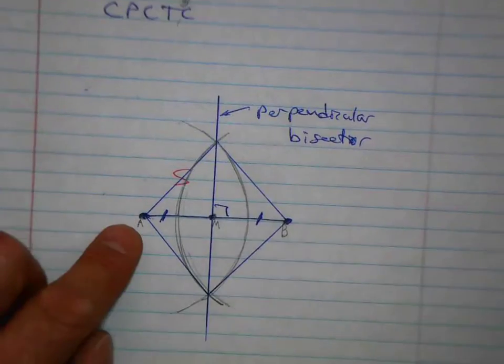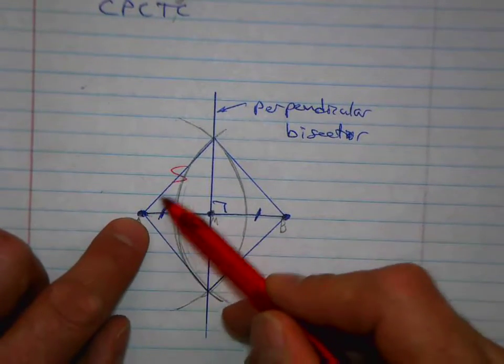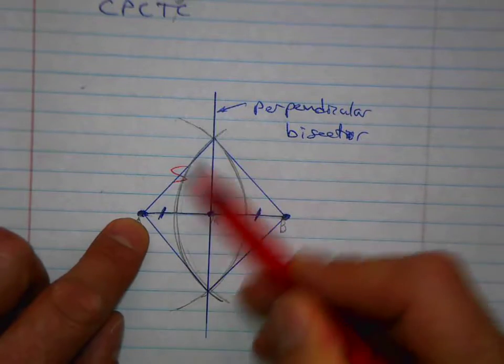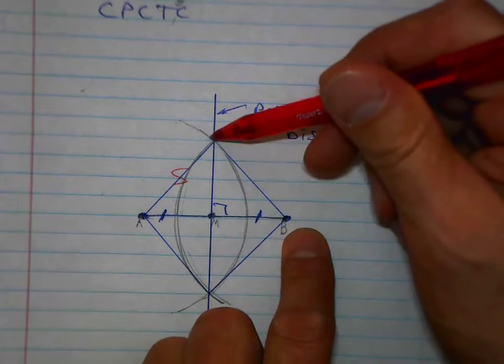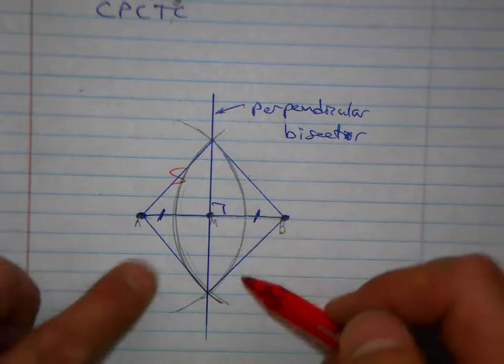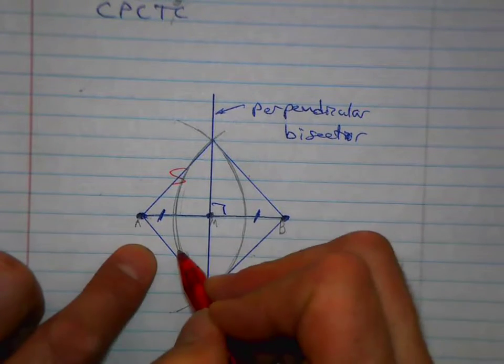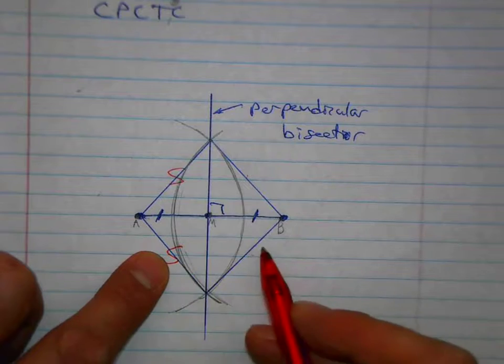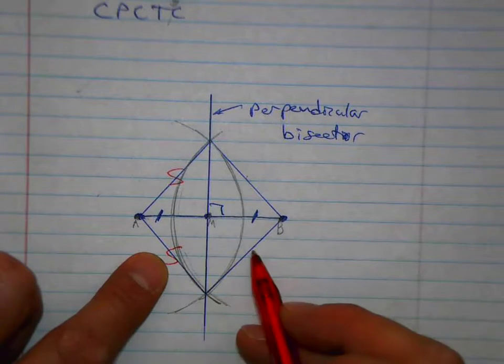Okay, so because we drew it in such a way that this length is the same as this length over here, we have one pair of congruent sides, and we have another pair of congruent sides because these 2 lengths are also congruent.